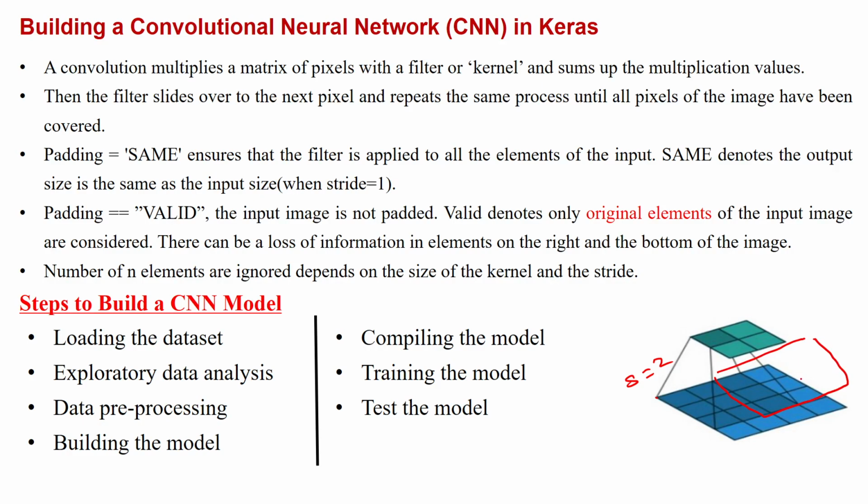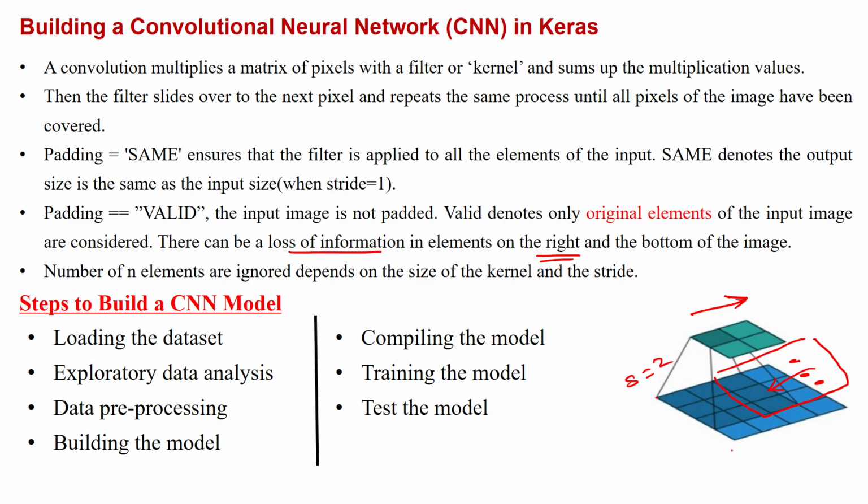So there is the possibility that it will not take these pixels to find the feature map, because there is no other column of pixels available here. So there is a loss of information in the elements on the right side of the image when you are moving the filter from left to right.